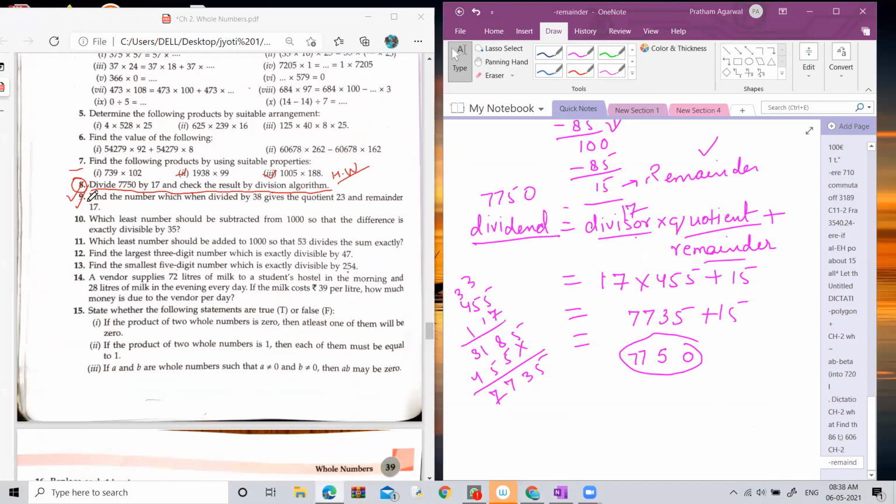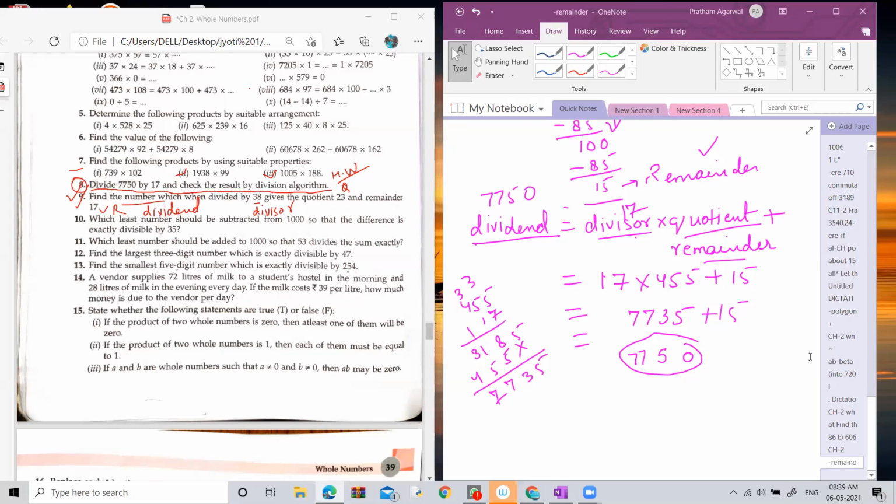I'm giving you the hint of this question and you have to do it yourself. It means in this question, remainder 17 is given. This is the remainder. Quotient 23 is given and 38 is the divisor. And you have to find the dividend. What do you have to find out? Dividend. Okay.